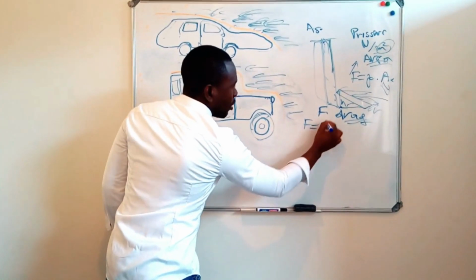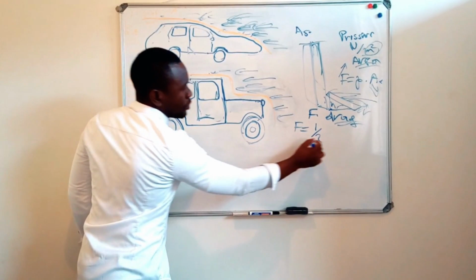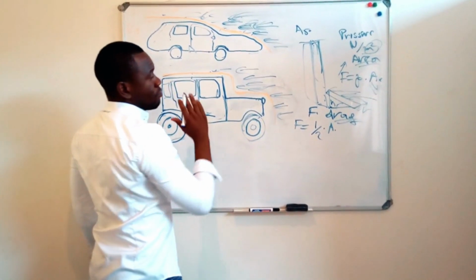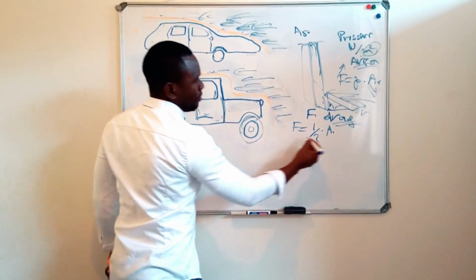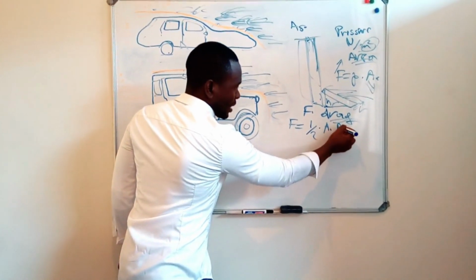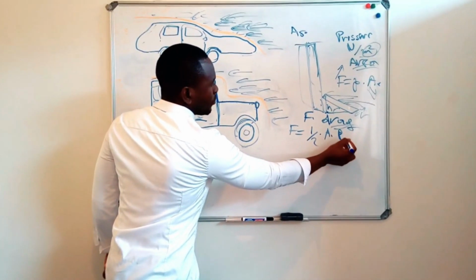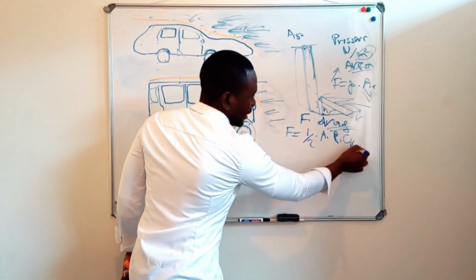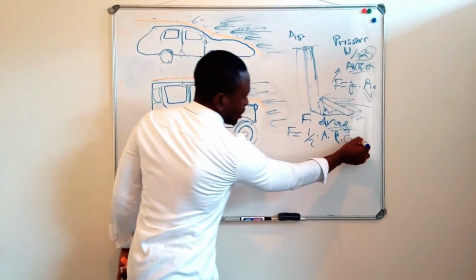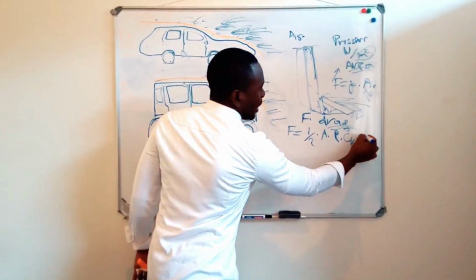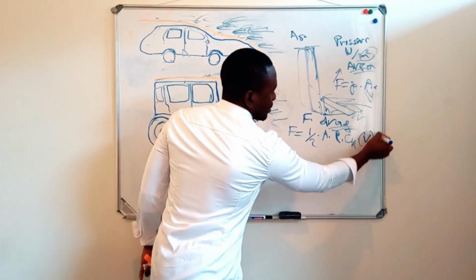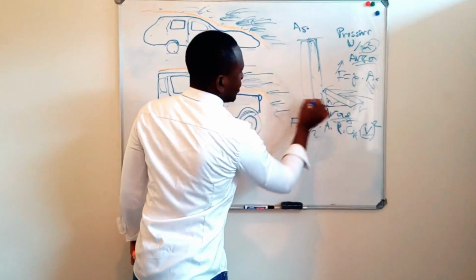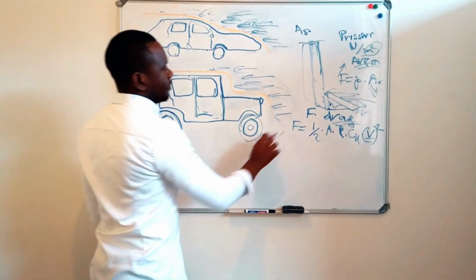It's given by 1/2 multiplied by the area of the object moving, multiplied by the mass volume of air, multiplied by the drag coefficient, multiplied by the speed squared. This is how you get the force of drag.